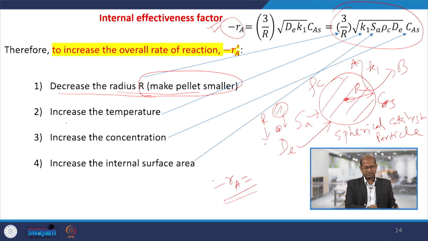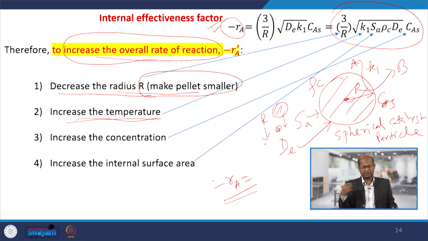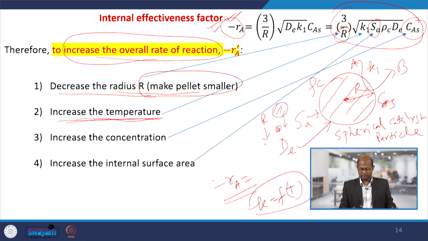Okay. And increase the temperature. If we want to increase the overall rate of the reaction, then R we have to decrease, surface concentration we have to increase, and specific surface area we have to increase. Also increase the temperature: the reaction rate constant K as a function of temperature we discussed at the beginning.